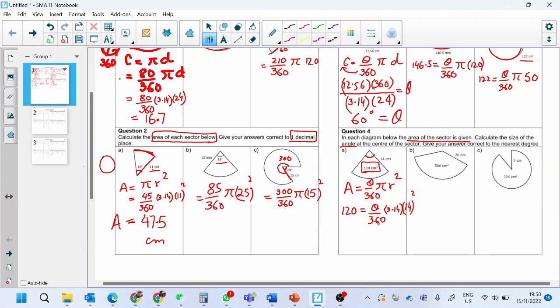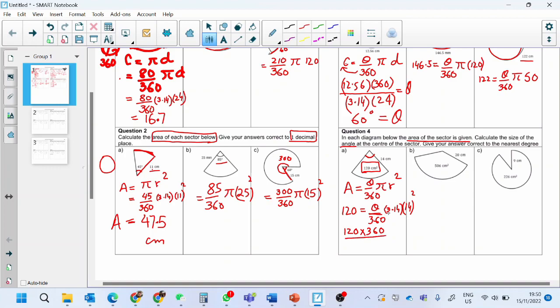Okay, so now we take everything other than theta to the other side of the equation. We isolate theta to find the value of this angle. So this 360 is dividing here. When it goes to the other side of the equation, it will multiply. So 120 times 360.